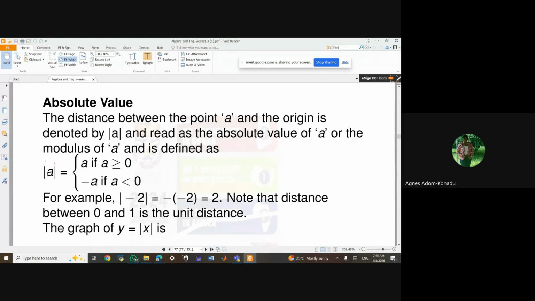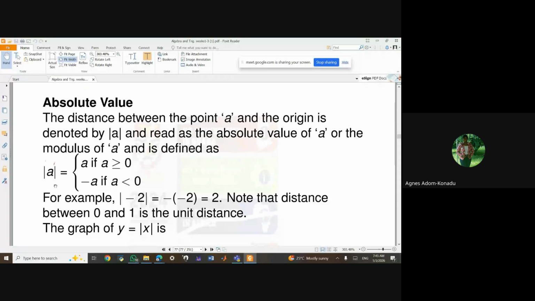So when I have absolute of A, I can define it as A if A is greater than or equal to 0, and negative A if A is less than 0, because the absolute of negative A is positive A. Sorry, I'm coming again. Absolute of positive A is A. Absolute of negative A is A.